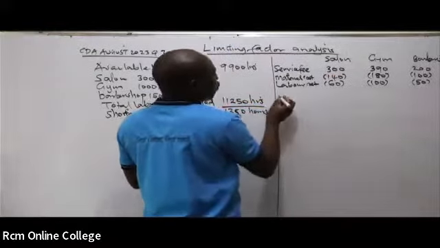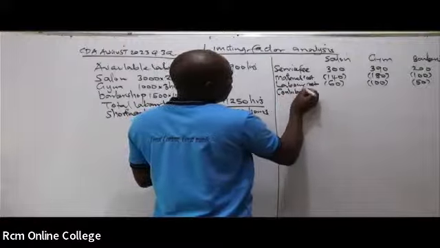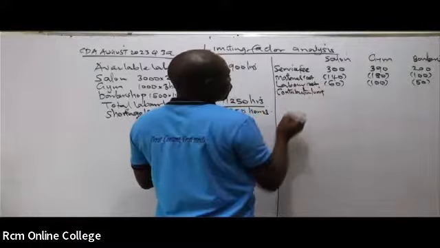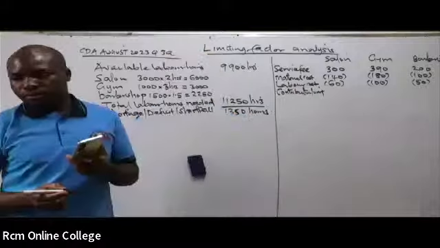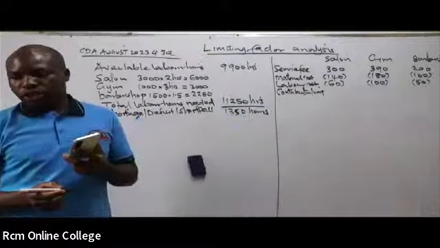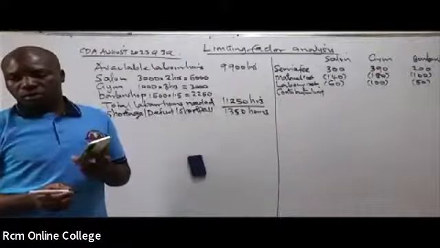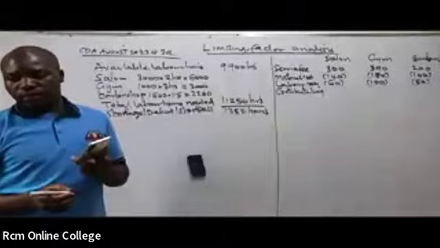So once that is done, we'll be able to get what we call contribution. Contribution per unit. So what is the contribution for the first product? You take 300 minus 140 minus 60. What are you going to have as the contribution per unit?